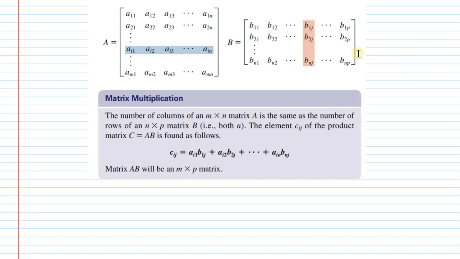So let's say I have two matrices A and B. A is m by n, and the other matrix is n by p.